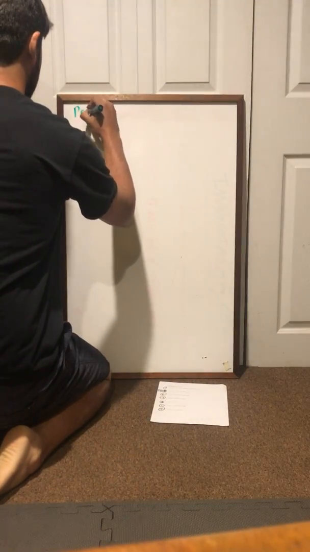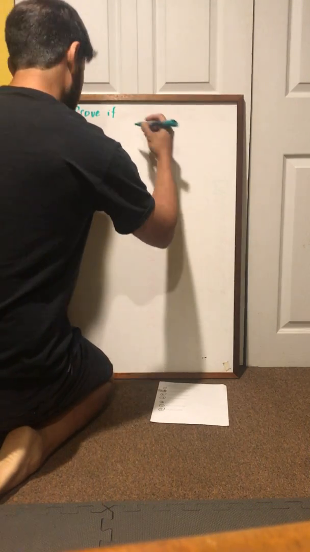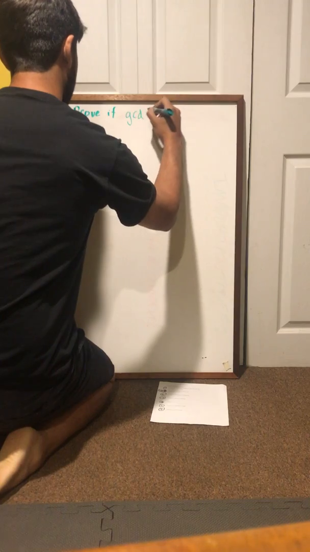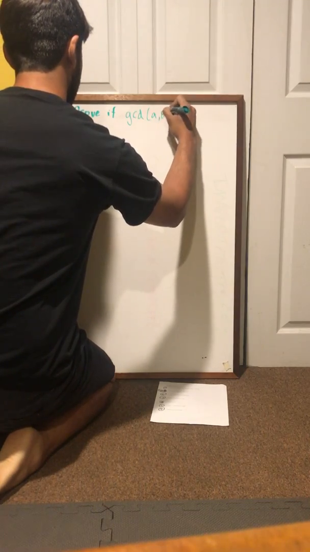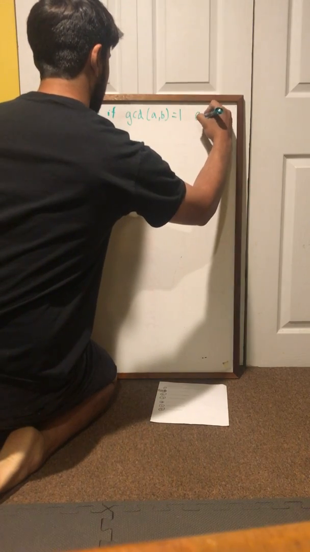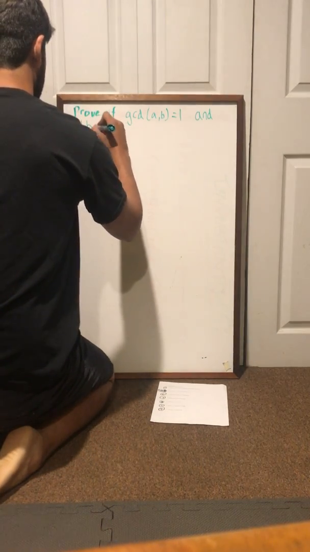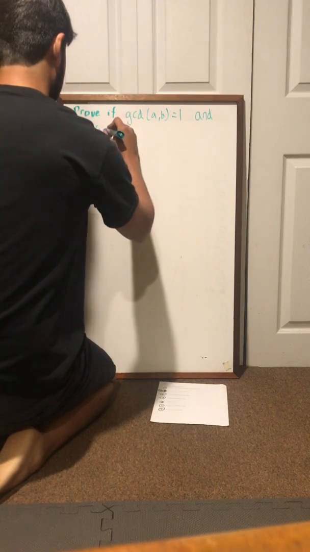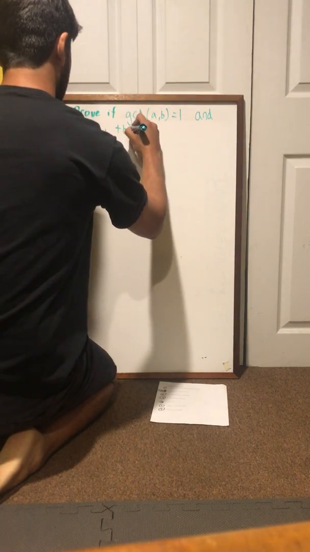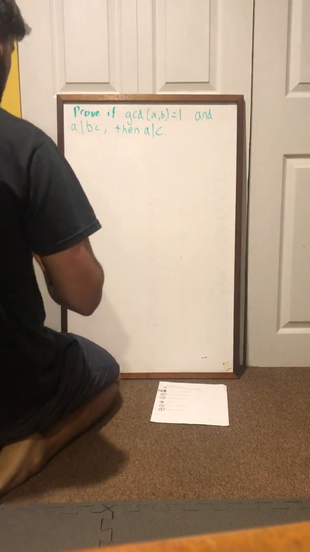Prove if GCD of AB equals 1 and A divides BC, then A divides C. Okay.